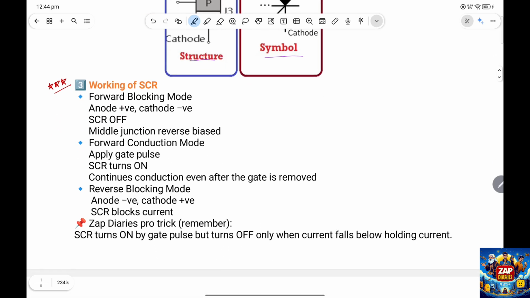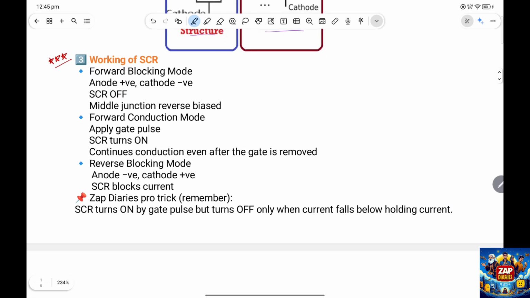Now coming to the working of an SCR, we have 3 working modes for an SCR.